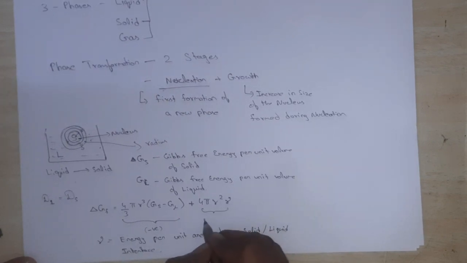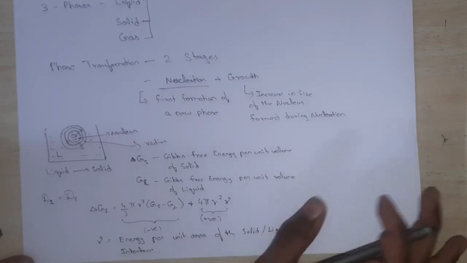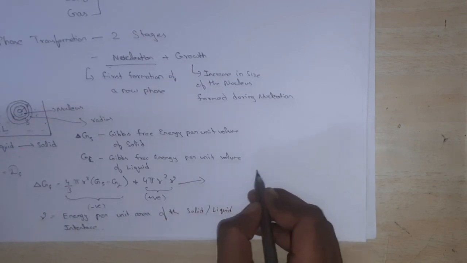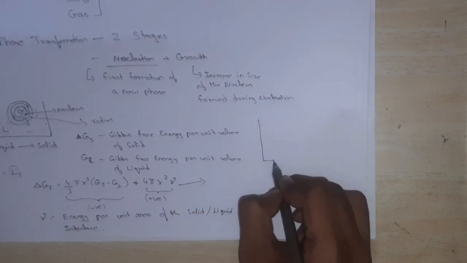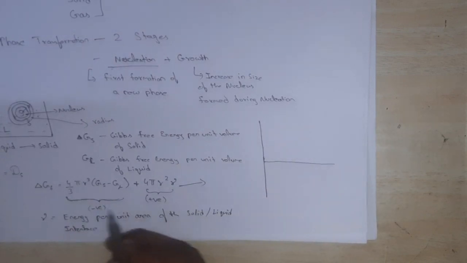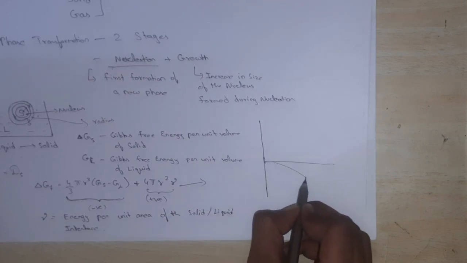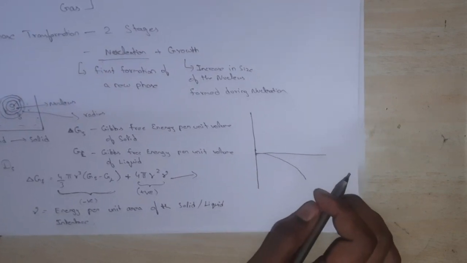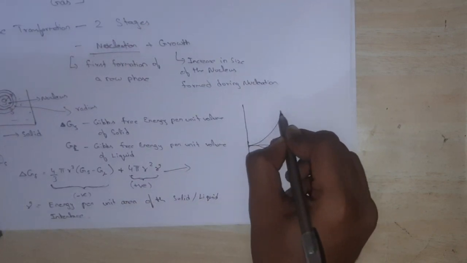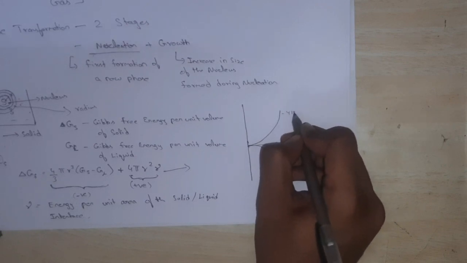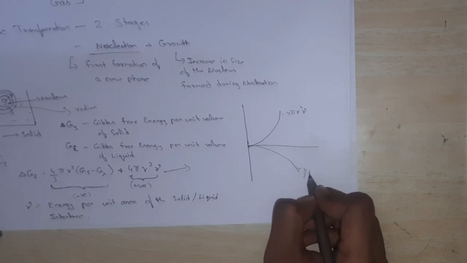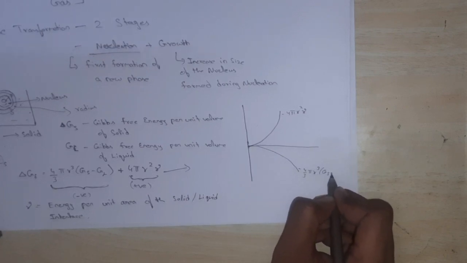By nature, it is positive. If we take this equation in a graph, the negative term will go downwards and this will be positive. This is 4 pi r square gamma, and this is 4/3 pi r cube (Gs minus Gl).